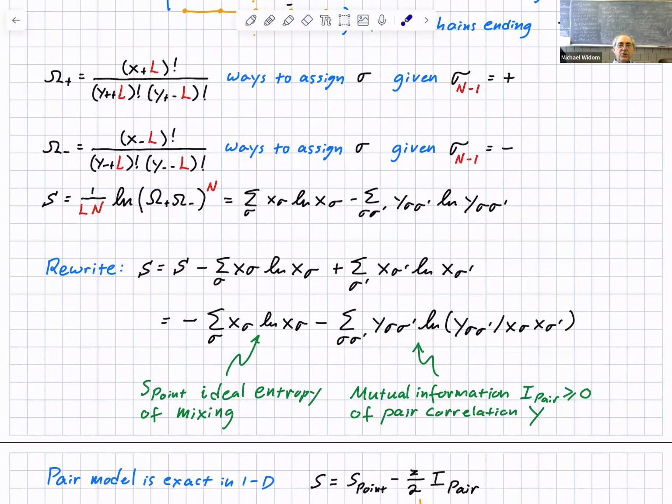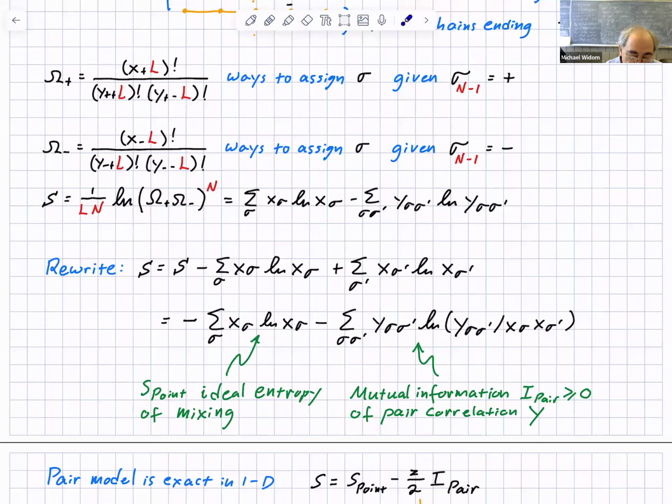So think of this as sort of the total information required to specify the distribution. Because if we specified where most of the spins were, and we knew the correlation function, then without any further information, we could fill in all the remaining spins. And so there's this idea that there's an equivalence between thermodynamic entropy and Shannon information.